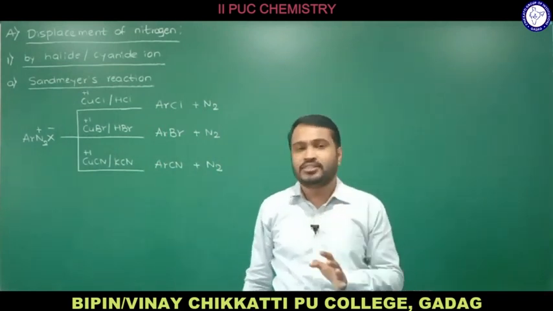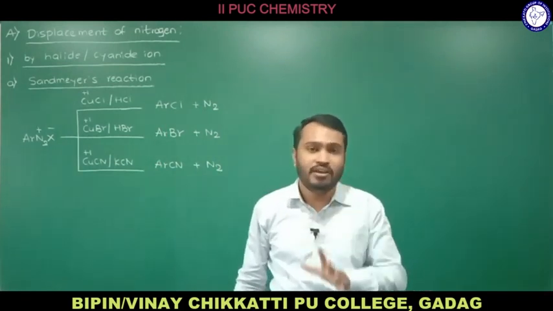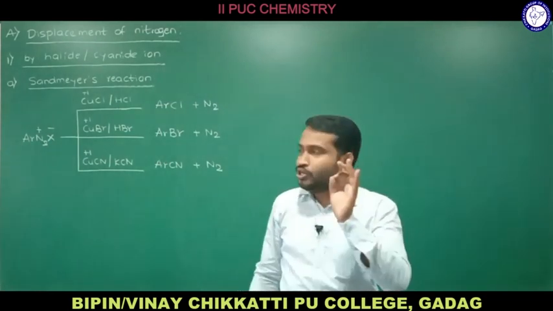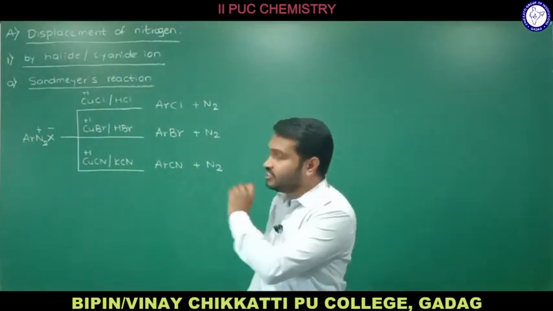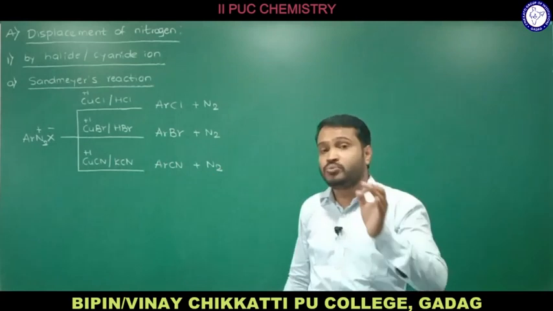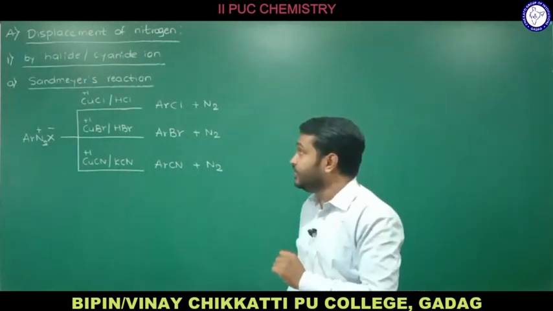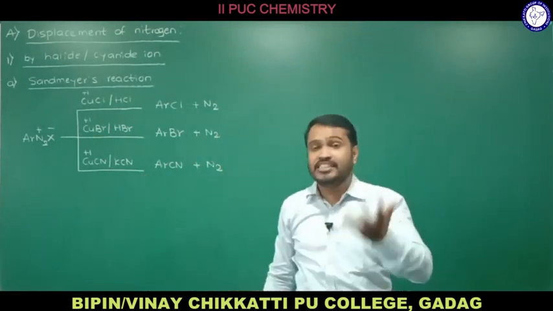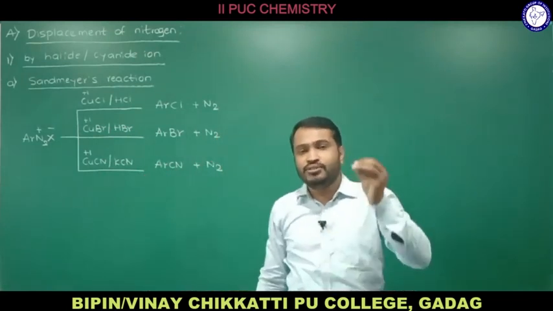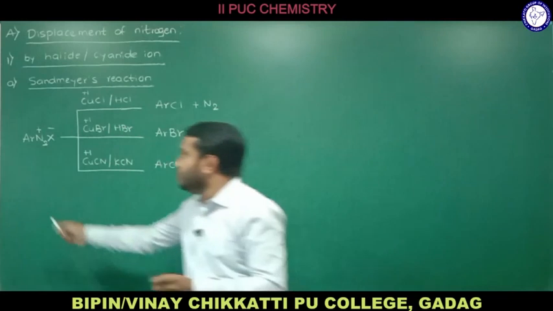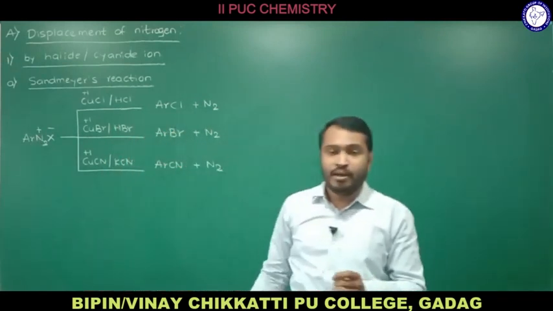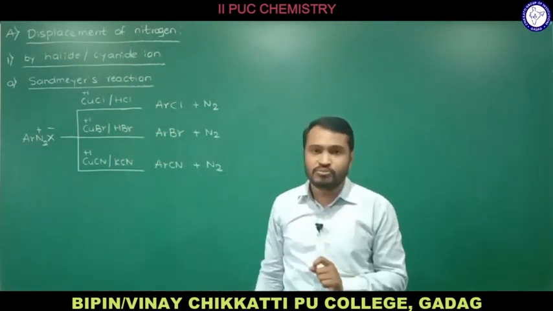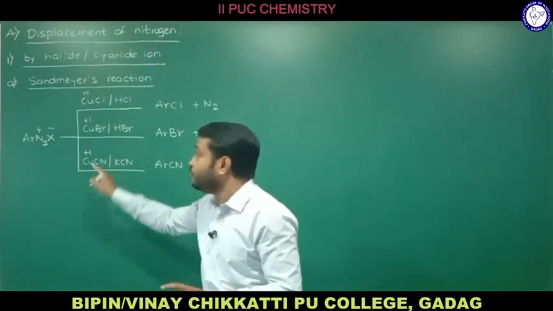So this reaction is termed as the Sandmeyer reaction. If you want to write the statement of the Sandmeyer reaction: the nucleophiles Cl minus, Br minus and CN minus are introduced into the benzene ring of the diazonium salt in the presence of cuprous ions.